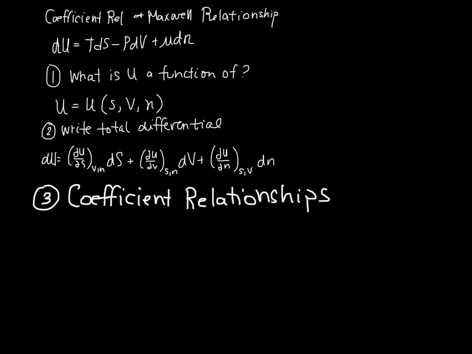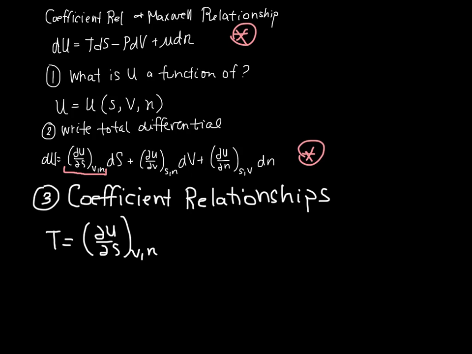So we are going to compare this expression with this expression to get the coefficient relationships. If we compare them, we see that this stuff right here is equal to T. So T is ∂U/∂S at constant V and N.